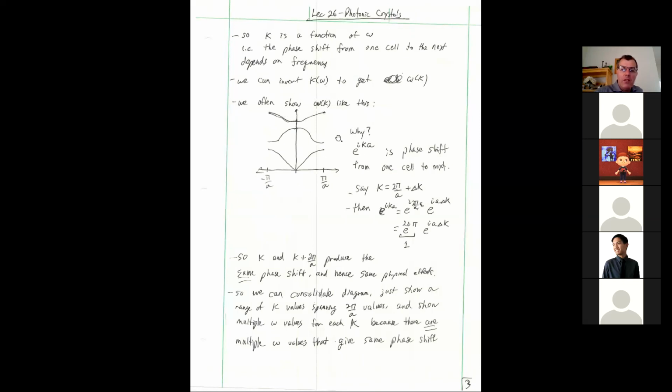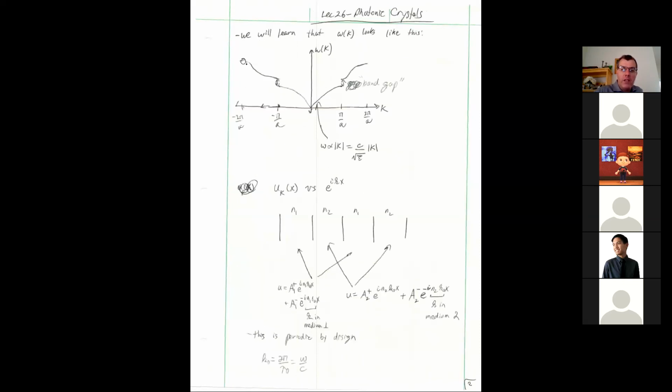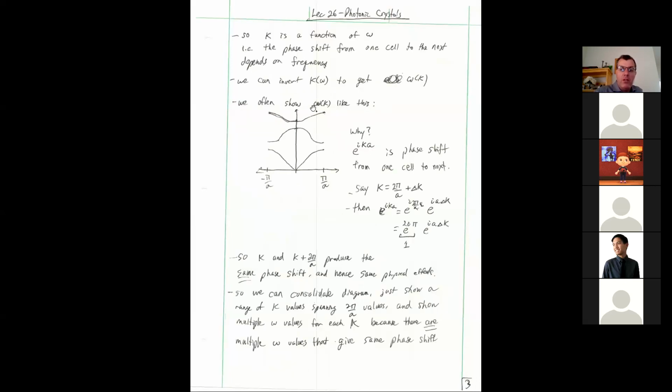Now I'm saying that we also tend to fold these diagrams. So instead of this, we imagine taking this part of the diagram and flipping it around so it goes to there, and taking this part and flipping it around so it goes to there. Here's why we do that. E to the ik is a phase shift from one cell to the next. And let's say that k is bigger than 2 pi over a. Let's say that k is 2 pi over a plus delta k.